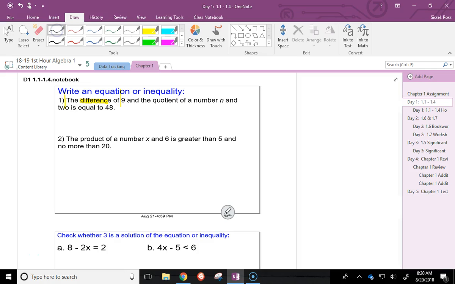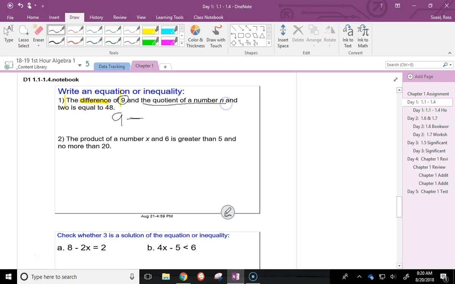So now when I see difference, I'm going to do subtraction. The difference of 9, and this part's going to have 2 parts to it. This is where it gets tricky because we're writing some inequalities. The difference of 9 and here's a whole other phrase.